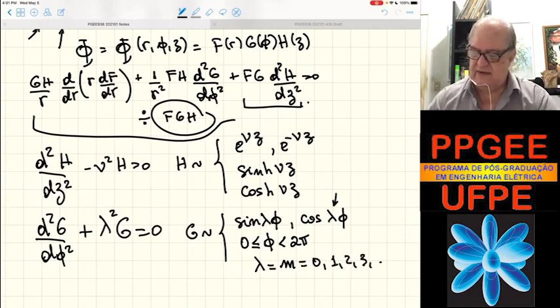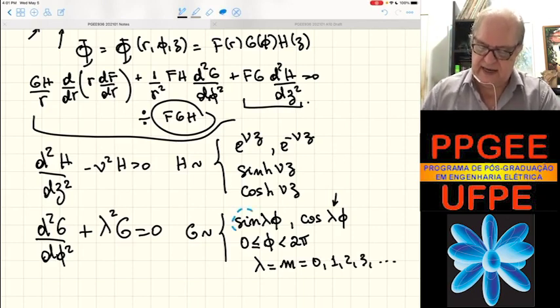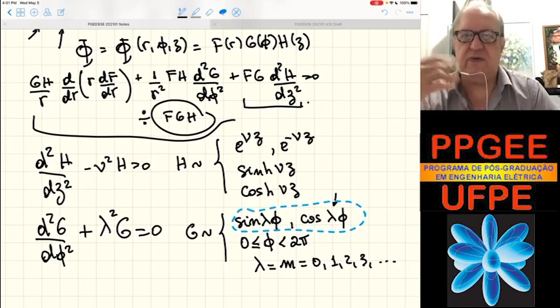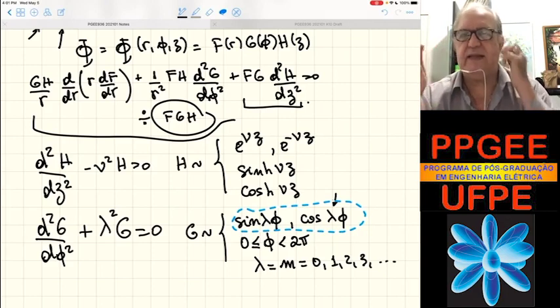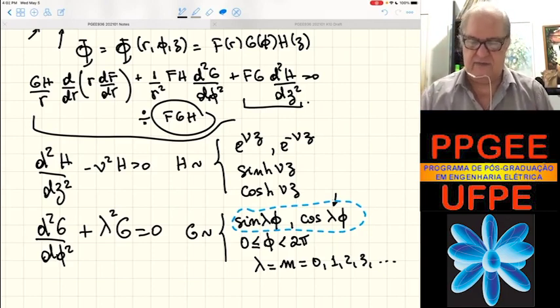In this case, we don't have to use negative integers because we are talking about sine and cosine. So if we use negative integers, you just reproduce the function. If we were talking about complex exponentials, then we could use the plus and minus values, right, for each integer value.